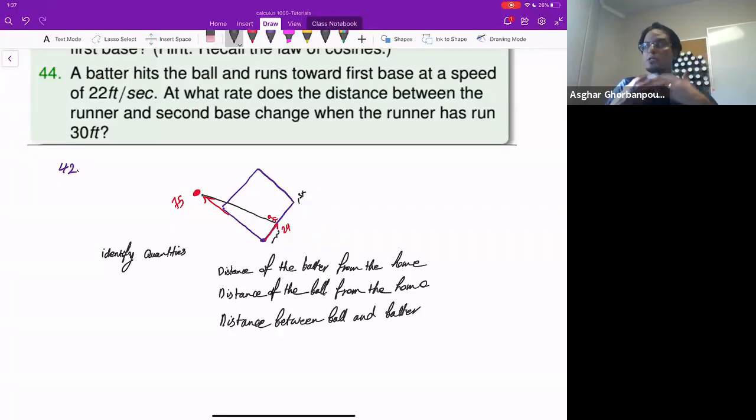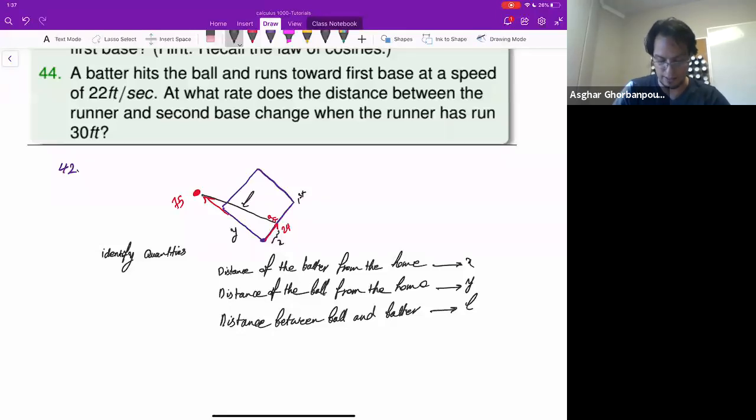They are changing, so we have to introduce them into our problem. The second thing is to assign variables for each one of these. For example, I can set this one X, this one Y, and this one here L. Okay, so X, Y, L. And as you can see, there is a good relation between X, Y, L.